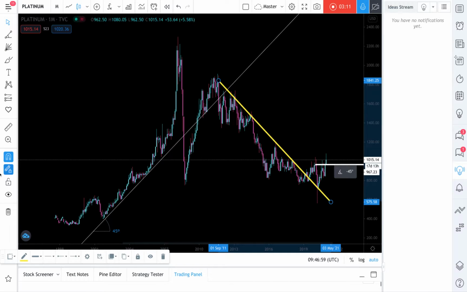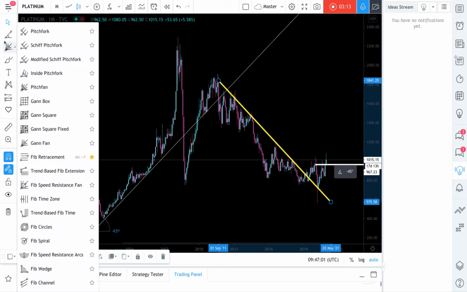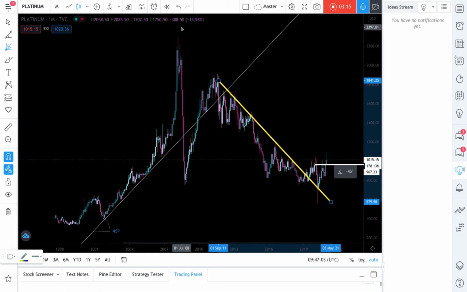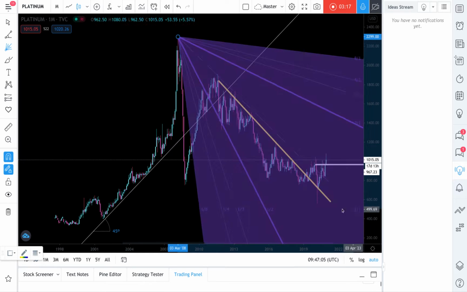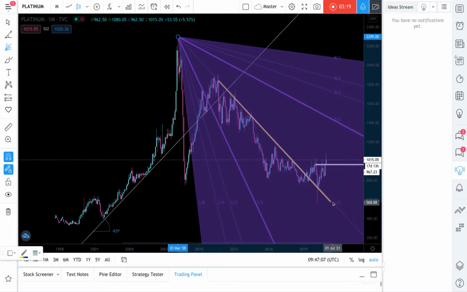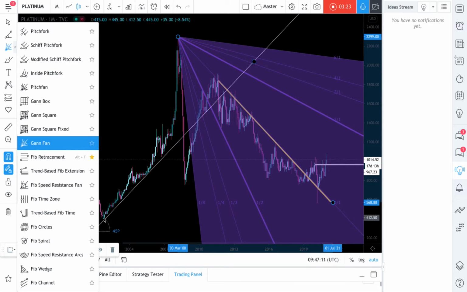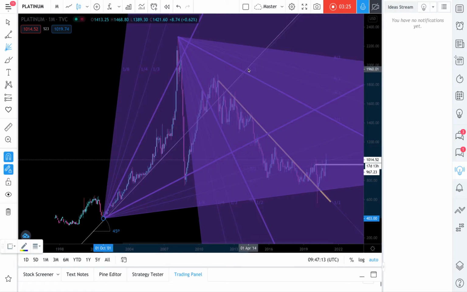So there. And then if we pop two fans on, this down fan on 45 degrees, this up fan on 45 degrees again, with that 45-degree line being the anchor for that whole initial run.